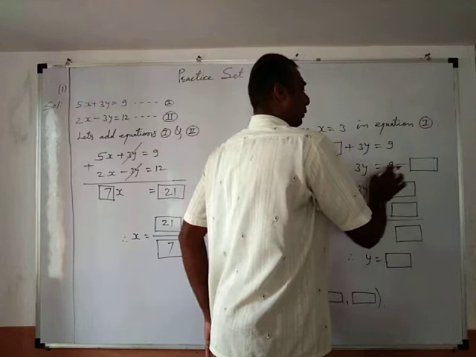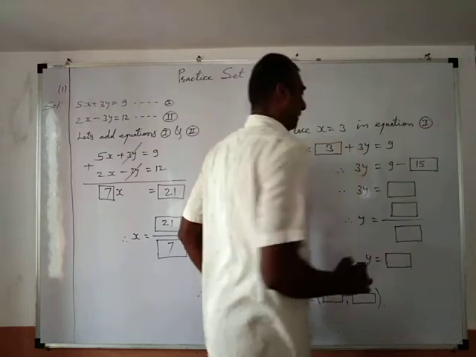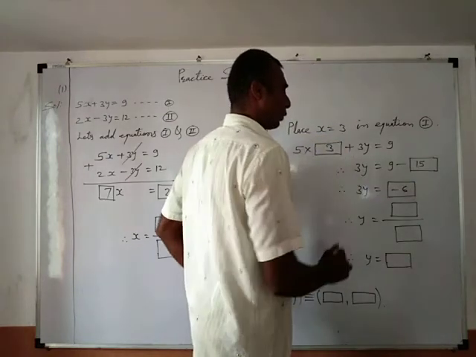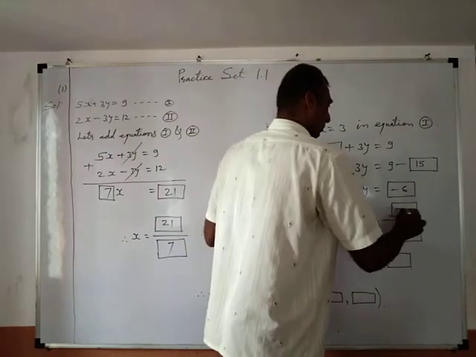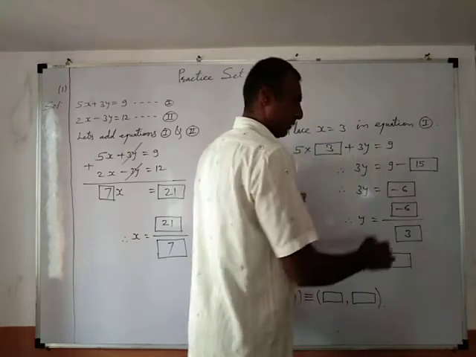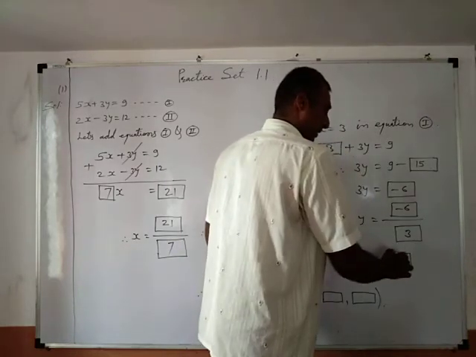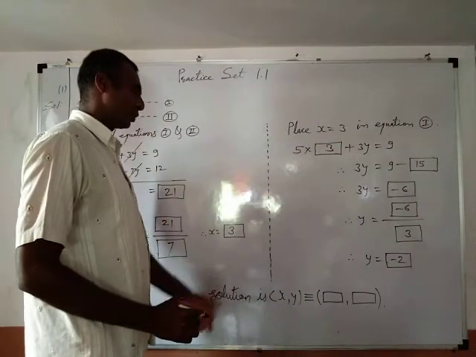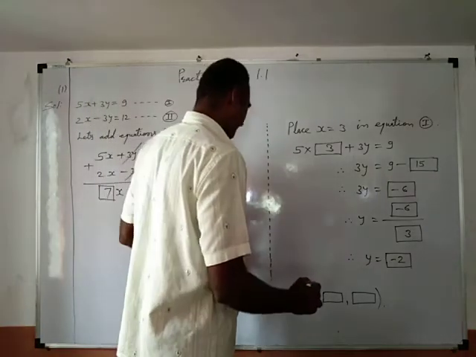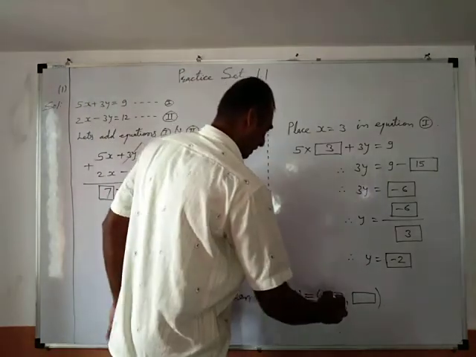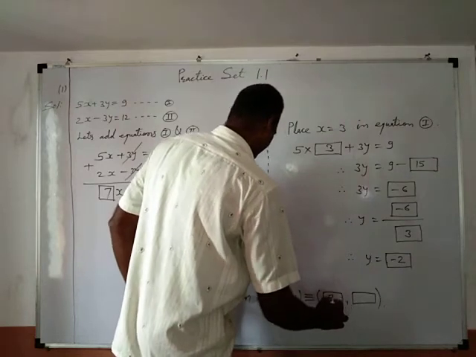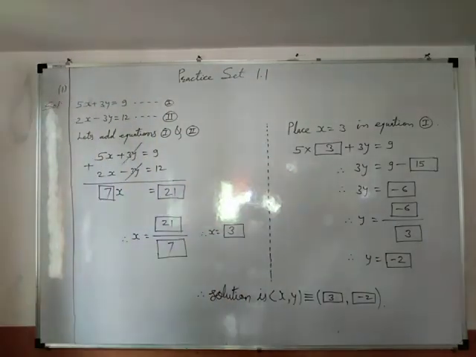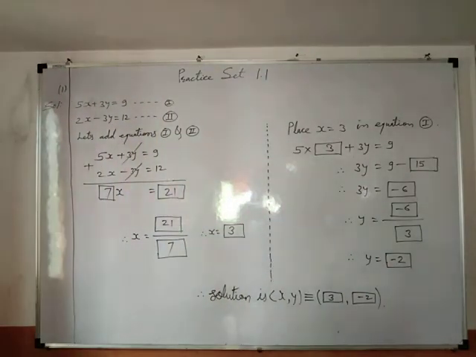That's why 3y = 9 - 15, and 9 - 15 is nothing but -6. 3y = -6 and therefore y = -6/3. 3 ones are 3, 3 twos are 6, but the sign will be minus, so y = -2. And therefore the solution (x, y) is: x is 3, y is -2, and therefore (x, y) = (3, -2) is the solution of these simultaneous equations.